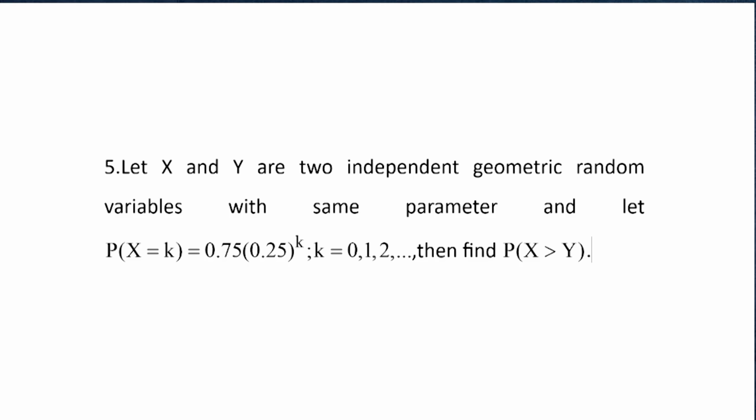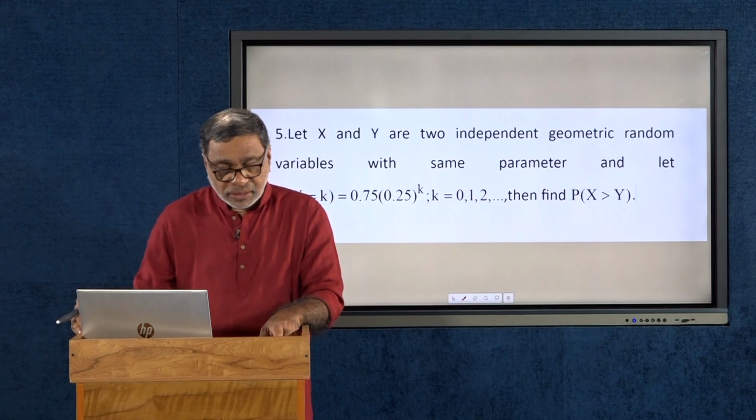So q to the power k times p is given as 0.25 to the power k into 0.75, where k is equal to 0, 1, 2, etc. Find the probability of X greater than Y.